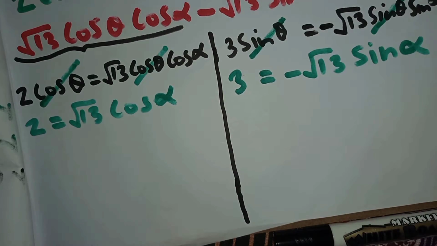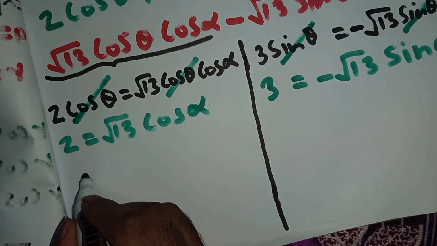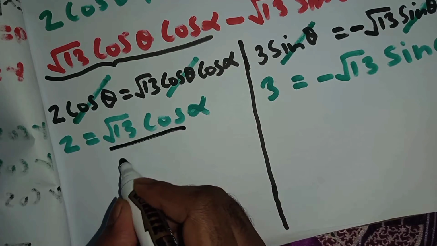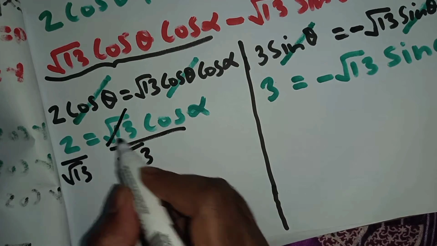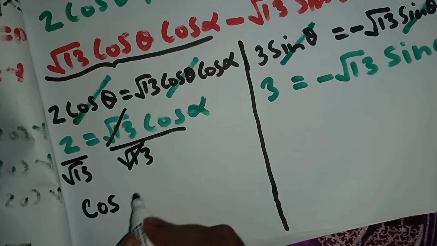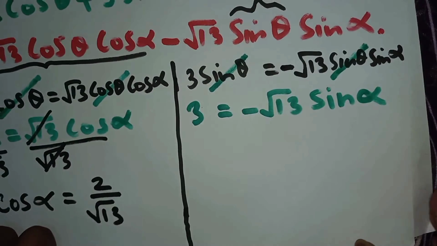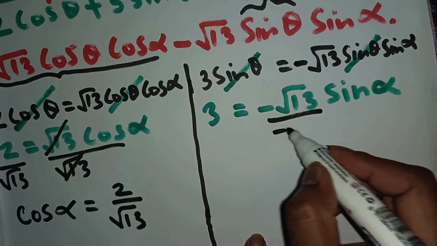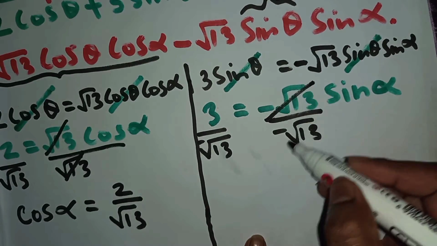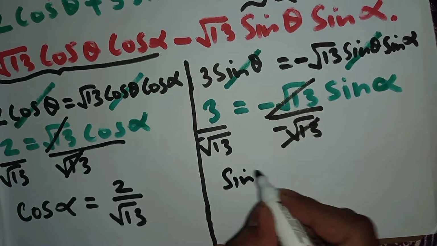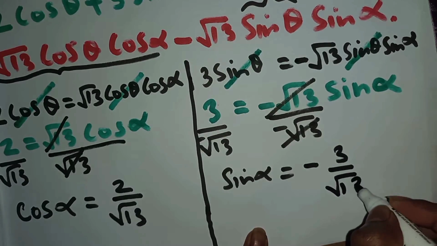Now when you arrive here, we can divide by root 13 both sides and cancel this. You will be having cos alpha is equal to 2 over root 13, and this side if I divide by negative root 13, I'll cancel this. So the value of sine alpha will be basically negative 3 over root of 13.